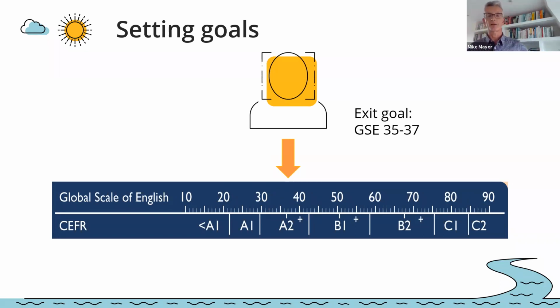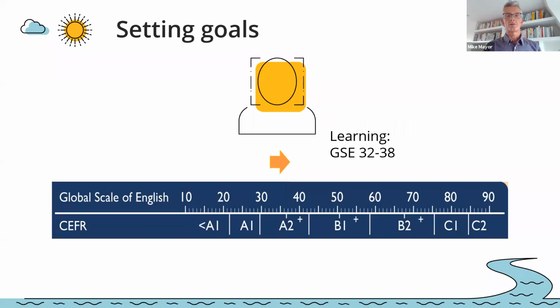We won't discuss how realistic or unrealistic those goals are, but let's just go with it. This is where we need to get our students by the end of the year. We can then do searches in the toolkit for learning objectives in that kind of 32 to 38 range.